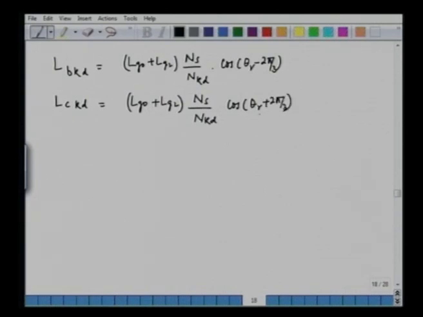This is about the mutual inductance between the stator winding and the d axis damper.